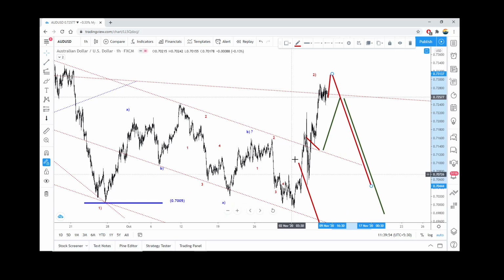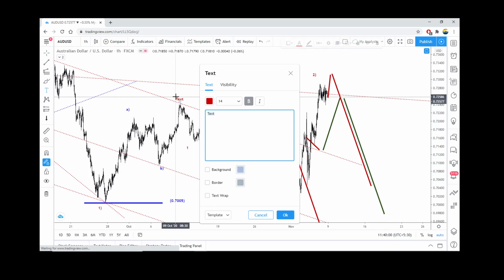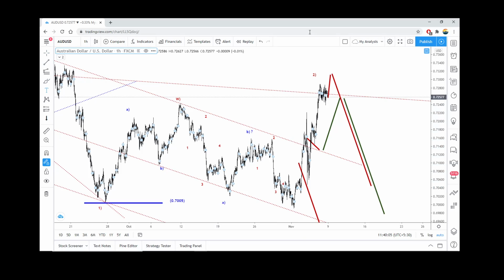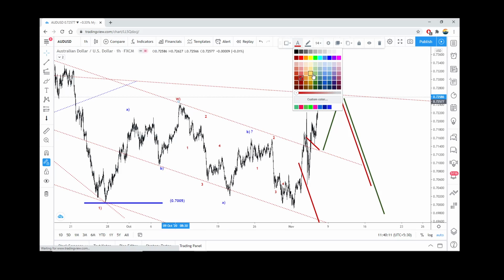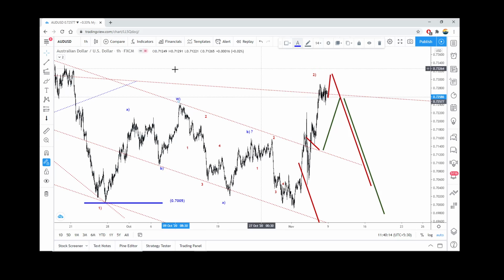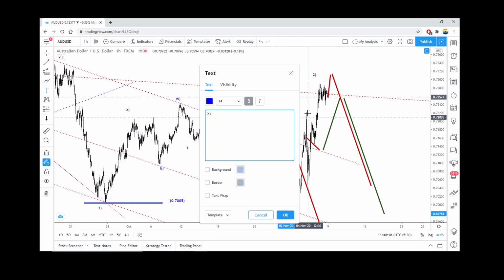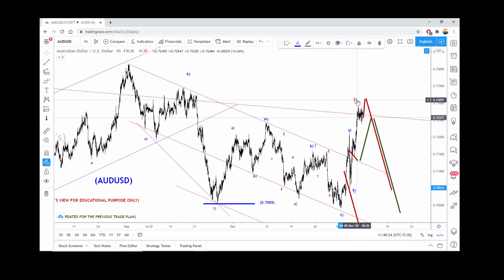So in that case, this is a 5-wave structure and this is a 3-wave structure. So this could be a W now in the blue, and this could be an X. So this is the A, this is the B, and we have to finish that C wave.